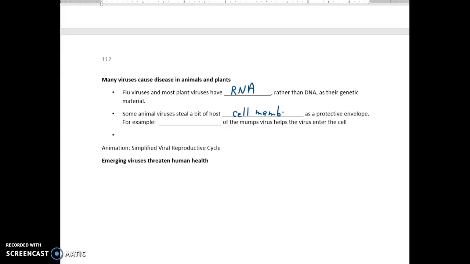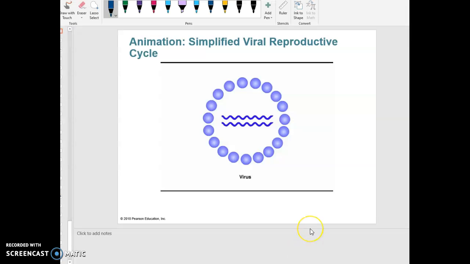It's going to help disguise them so that they can infect another cell. Mumps is an example of an organism that does this. It takes a little bit of the envelope of a cell that it has infected, and it helps it enter a new cell. And then I have a short video I want us to watch.